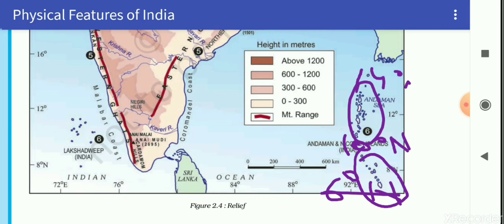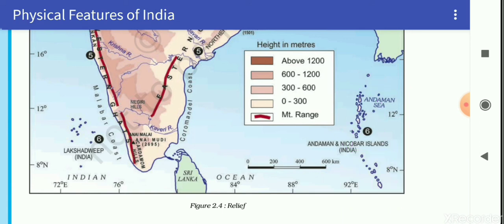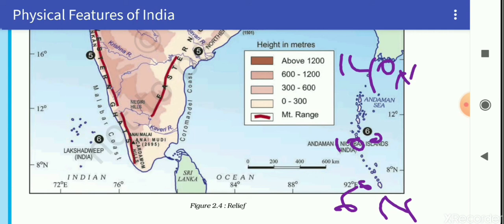Here one thing you all must remember: when we talk about Andaman and Nicobar Islands, it does not mean a single island, but groups of islands, many islands, and in this way these are combined with the term Andaman and Nicobar Islands. So the total extension of Andaman and Nicobar is between 6° north to 14° north latitude, and the 10° channel separates Andaman from Nicobar.